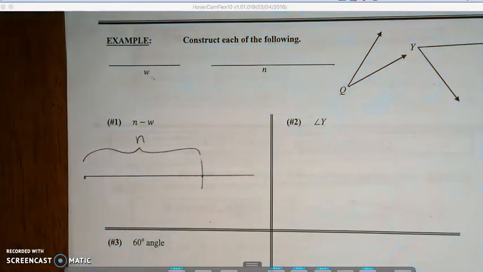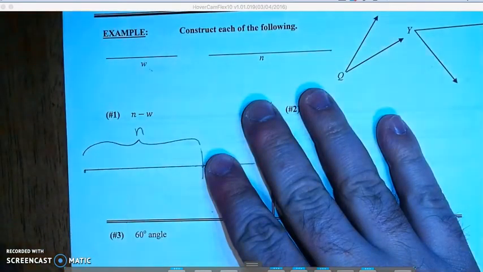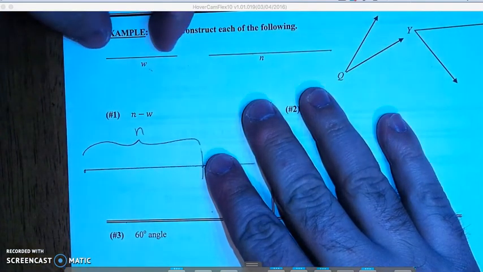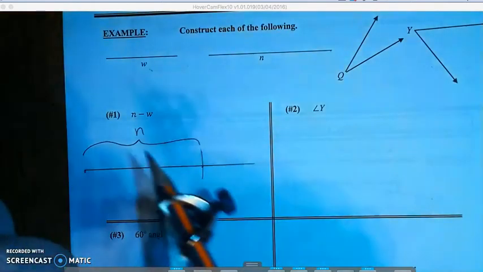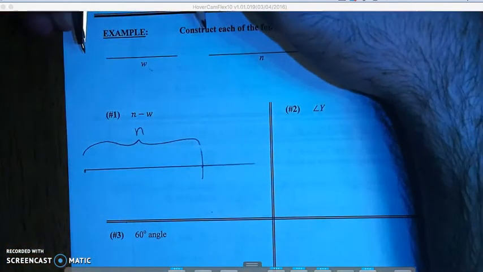We want to find out what N minus W is. All we have to do is try to find out how long W is and take it away. So we do the same thing. Come up here.